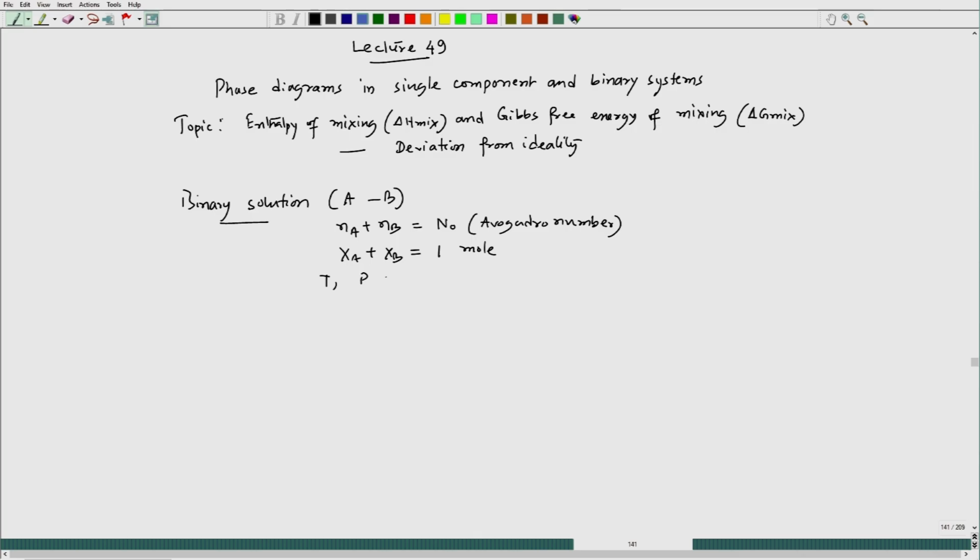Temperature and pressure are kept constant, and pressure is maintained at 1 atmosphere. Both the metals have the same crystal structure with the same coordination number.